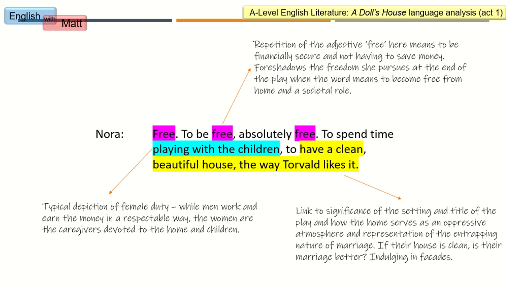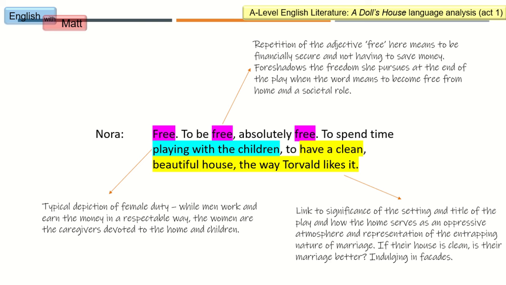And importantly, in yellow here, settings. Of course, settings are very important in this play, because the play is named after a particular setting, being the house. And the fact that we have the adjective "beautiful" here to describe that house suggests that this is all to do with facades and giving the artifice of something that's good, when actually the relationship of the couple that live in that home is full of secrets and lies.